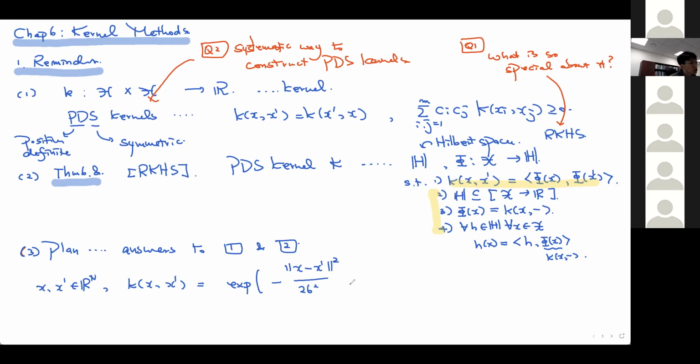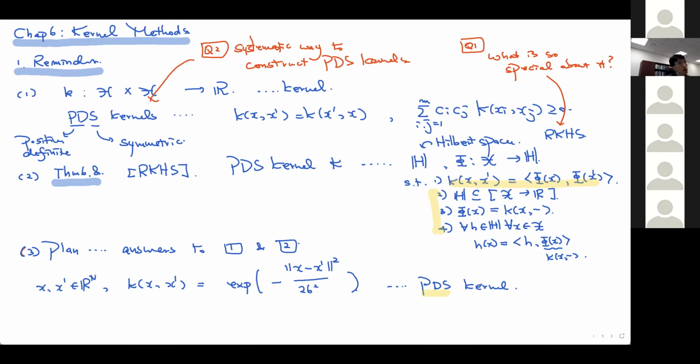We take the distance between x and x prime, square it, divide it appropriately, and take the exponential. I said this is a PDS kernel. And then you may ask, is it really a PDS kernel? Can we somehow prove it? So that's one question we can ask.